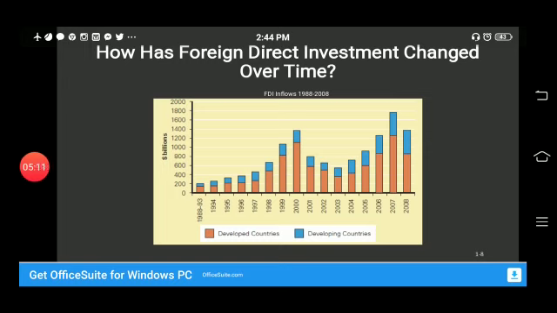In this figure, you can see the growth in cross-border flows of foreign direct investment and also the importance of developing nations as destinations for investment. These two trends reflect the internationalization of companies that we have discussed.